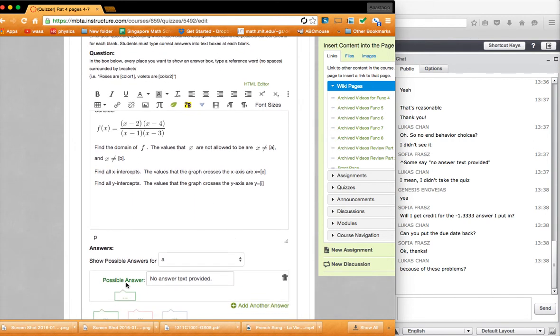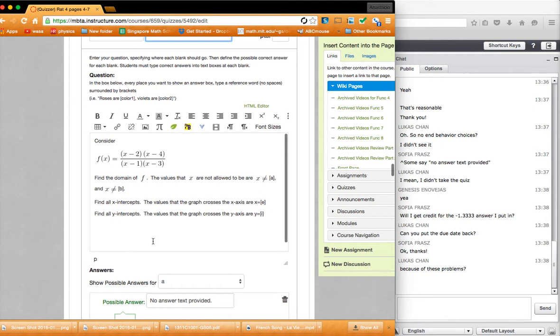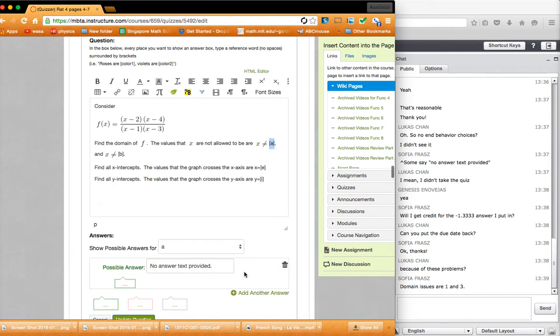So I guess I'm just going to give you the answers right here and now. Why don't we come up with the answers together? This is saying x cannot be equal to blank, and that a is for the blank. So what can x not be? Okay, domain issues at 1 and 3.